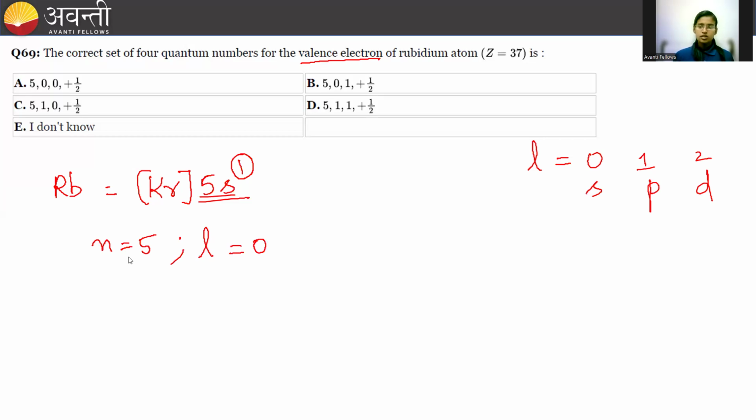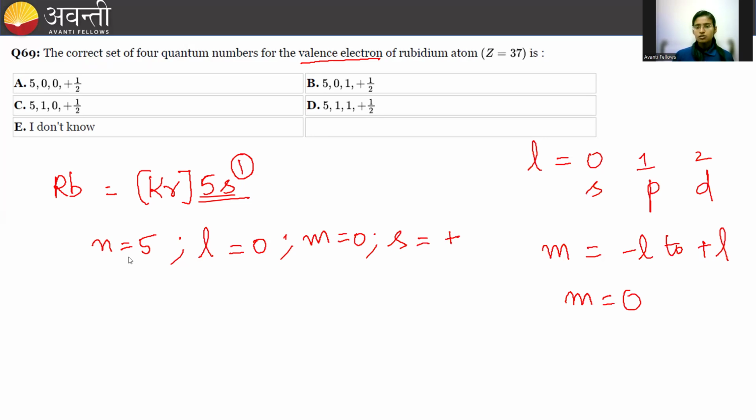Got it? If l is equal to 0, then m value can be found using the minus l to plus l formula. Okay. l is already 0. So m will be from minus l to plus l, which means minus 0 to plus 0, which is again equal to 0. Okay. So m value is also equal to 0. And s is the spin quantum number. It will be equal to plus half or minus half.